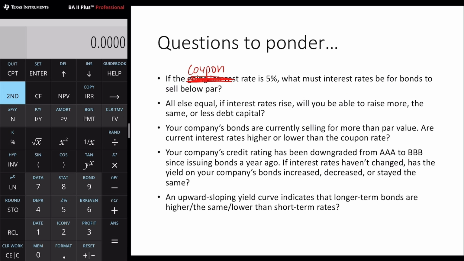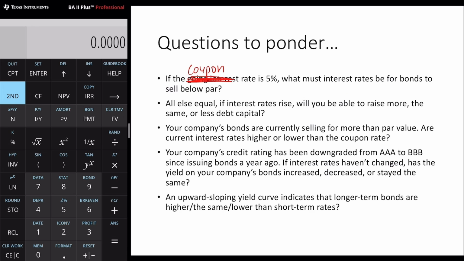So if the coupon rate is 5%, they must be greater than the coupon, right? So the going interest rate must be greater than 5%.